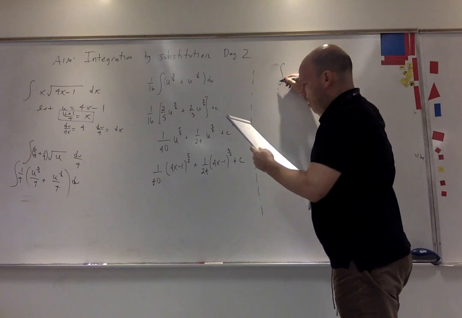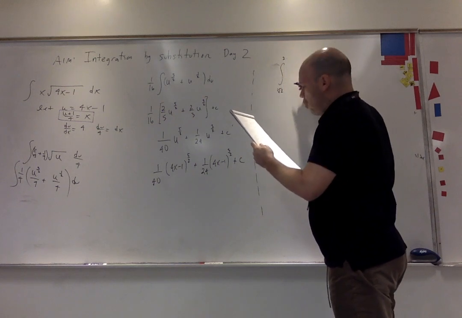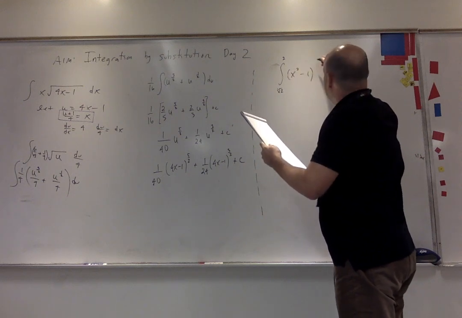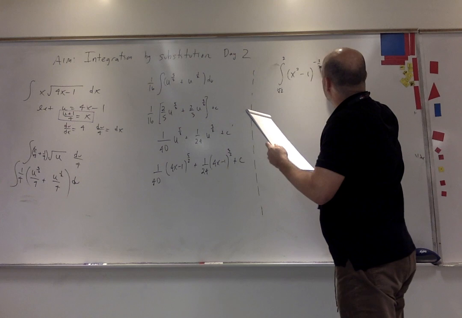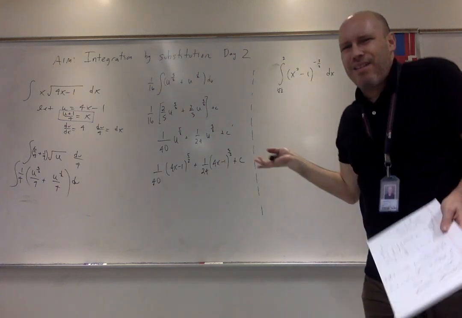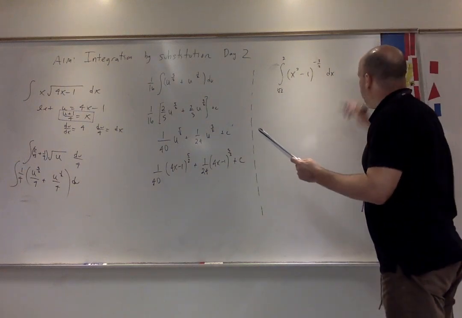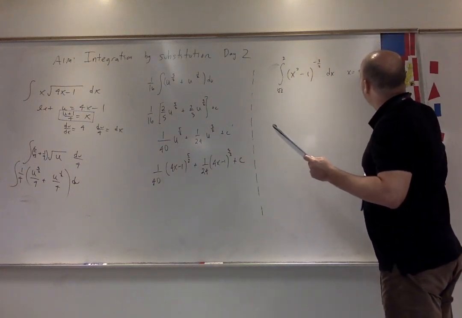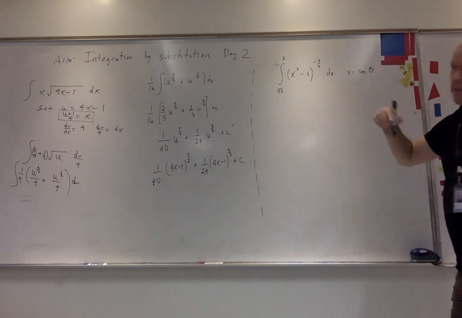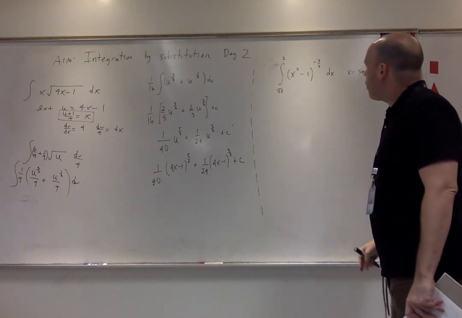The integral from radical 2 over 2 to 2 of x squared minus 1 to the negative 3/2 dx. So you look at that, and what do you do? Well, I'm going to give you the substitution. I'm going to tell you that x equals secant of theta. Now this is in the book, you can follow along. x equals secant of theta.